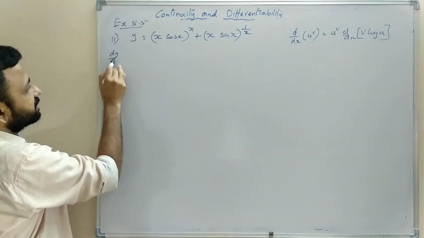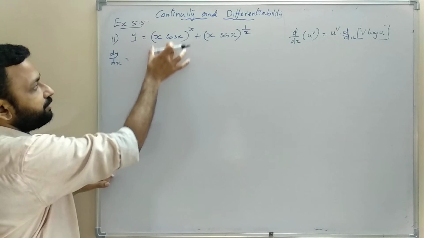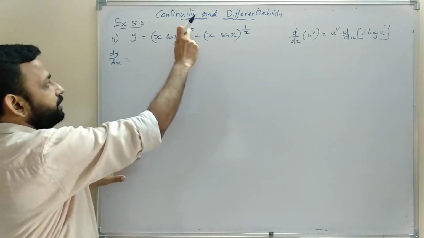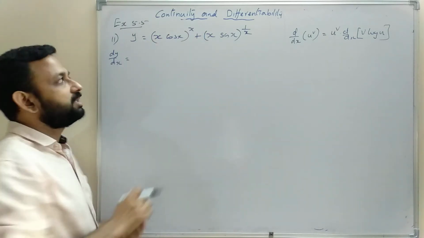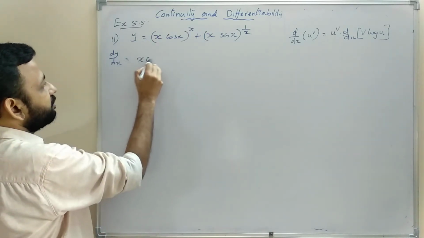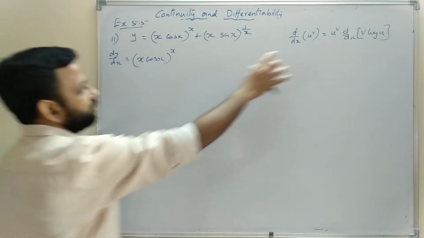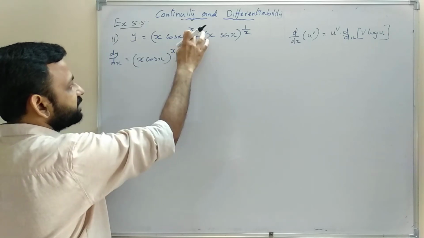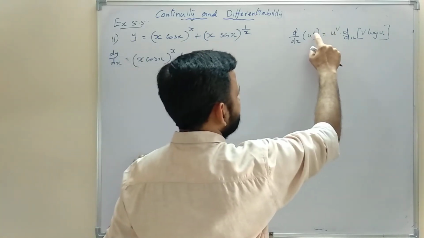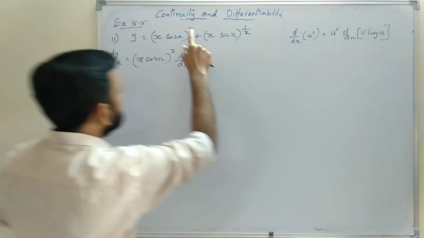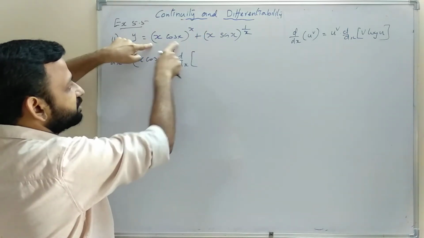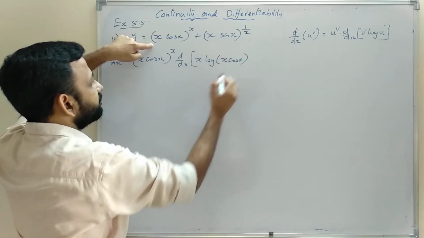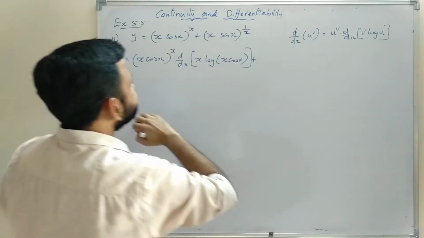So dy by dx equals u raised to v into d by dx of v log u. So we can write (x cos x) raised to the power x into d by dx of x log(x cos x), plus the second part.